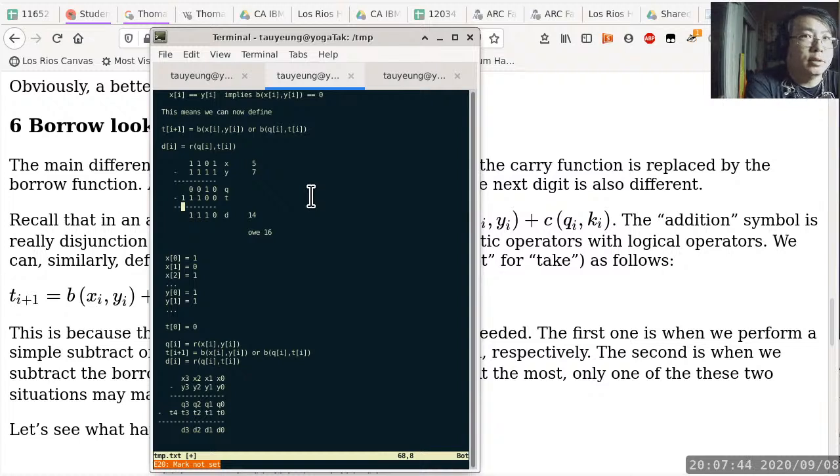And I'm guessing somebody is now going to say, okay, but Tech, if we make x3 a 0 and y3 a 1, wouldn't we end up with a case where we have two sources of a borrow contributing to this one, and this one now should be a 2? The answer is no, okay? Because if we change this x to a 0, then this becomes a 1, so we only still have one source of a borrow, and we cannot have more than one.